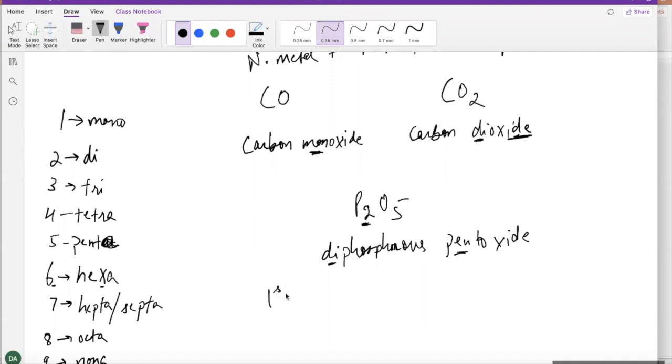So when the first atom is mono, don't use the prefix mono. So no prefix required. But when the second atom is 1, then you are saying mono, okay? But for the first one, you never say mono. But if the first one is 2, you're going to use di. If the first one was 3, you are going to use tri, but not mono, okay?